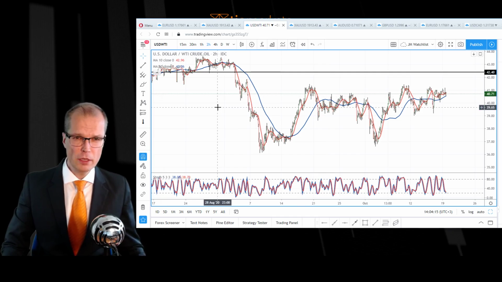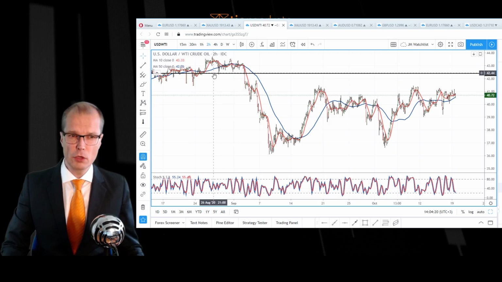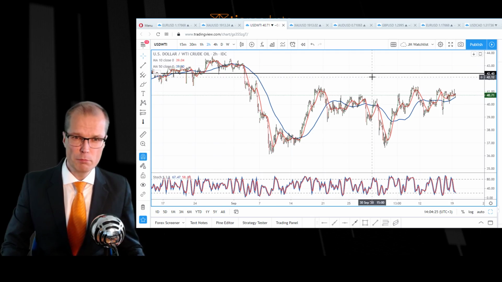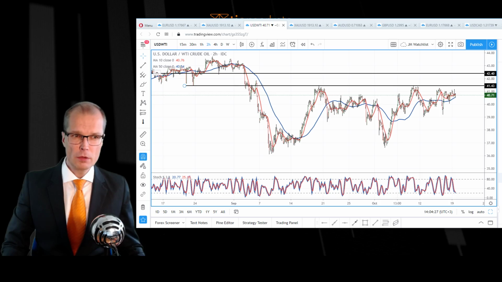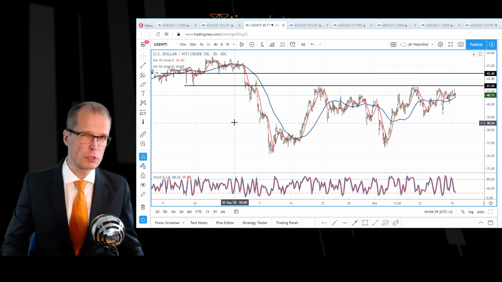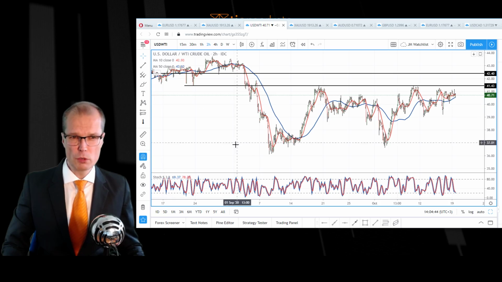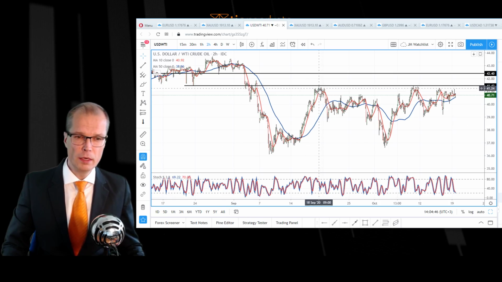And it was still an important level now that the market was trading here. It tried to stay above it but couldn't. And we basically have the market now trading below the level, and when the market dropped, it found support for a little while at this 41.40 level, but then once that was decisively broken, this same level was a resistance here on September the 18th and again here.